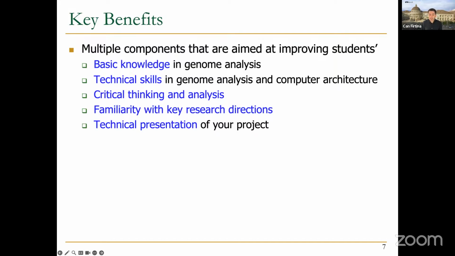Students also get familiarity with key research directions. At the end of the semester, students will present their projects and progress, which hopefully improves their technical presentation skills.